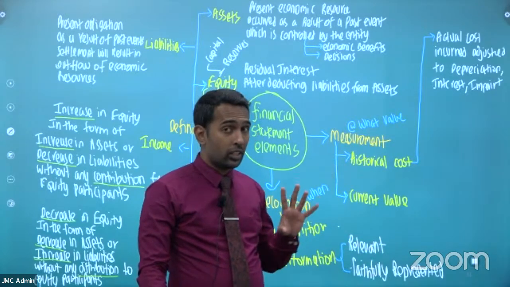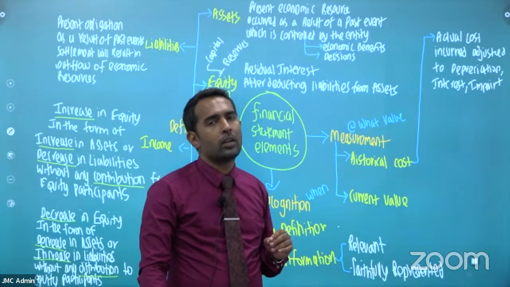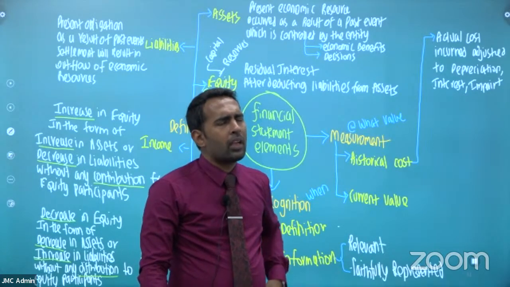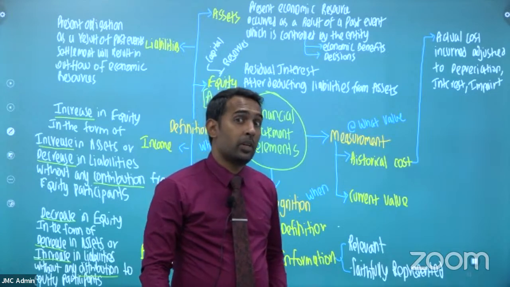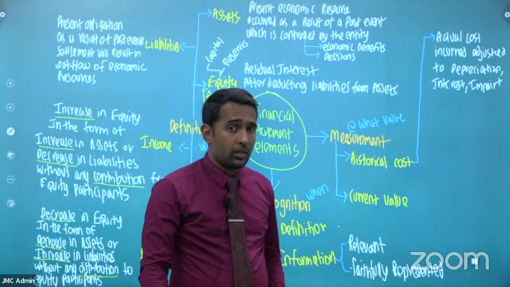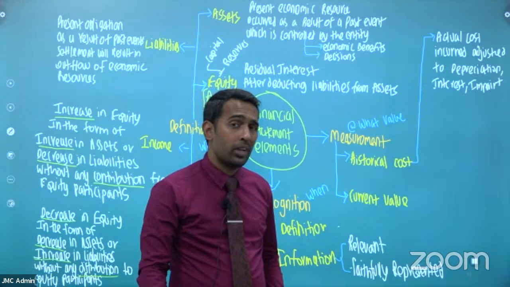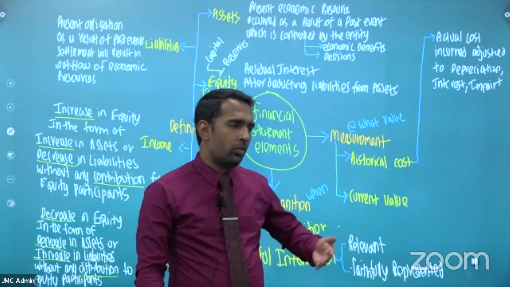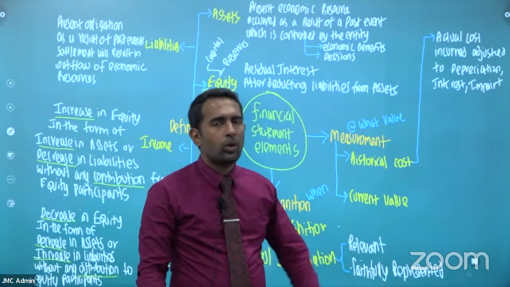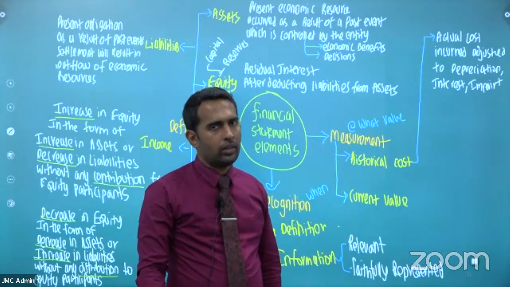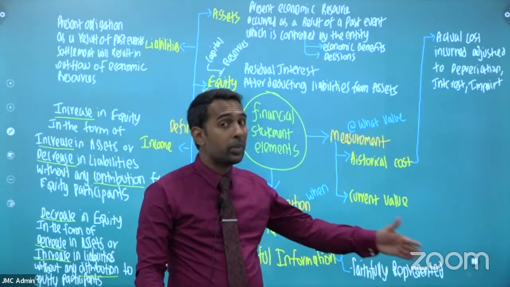There can be certain adjustments depending on the requirement, depending on the type of the item. For an example, let's say I purchased a photocopy machine 2 years back for 1 million. I can use it for 4 years. So now 2 years have gone. So that 1 million I have to reduce to 500,000 because it has been depreciated.